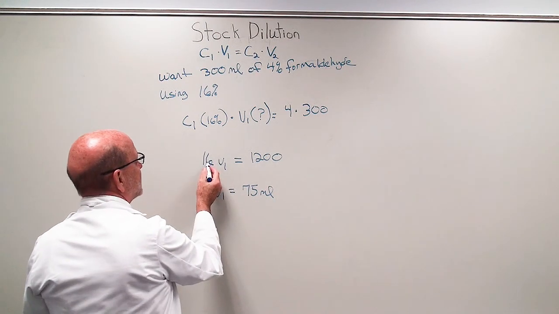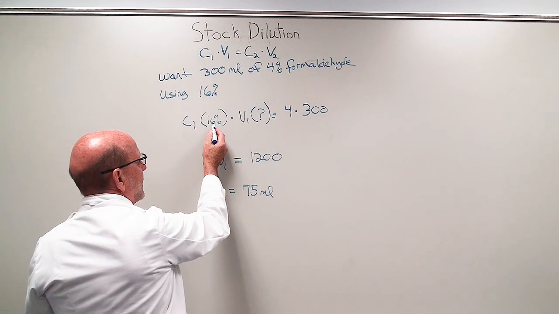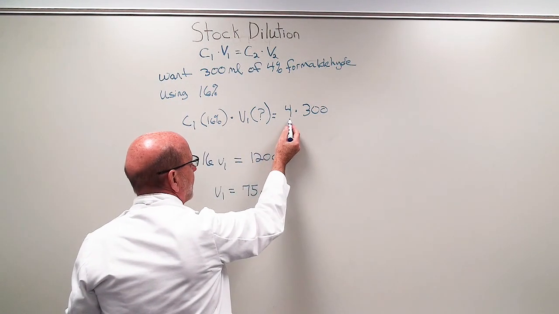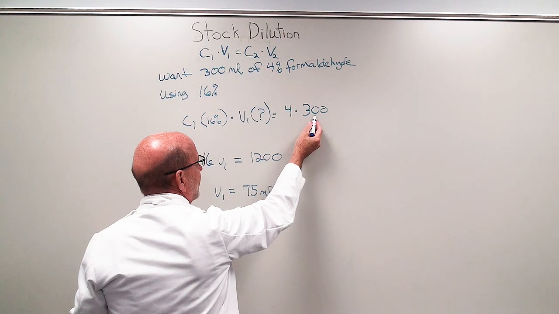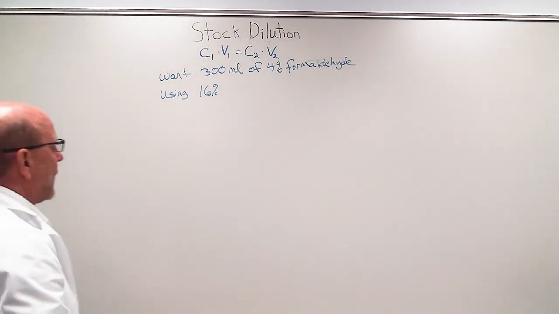So with the 75 mLs of 16% formaldehyde stock in a total volume of 300 mLs will give me a 4% formaldehyde.